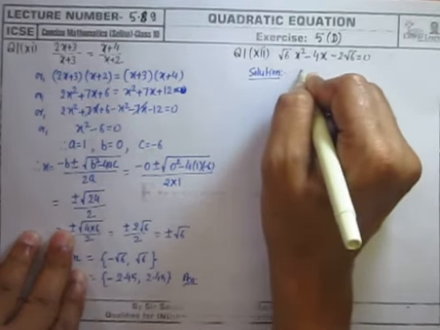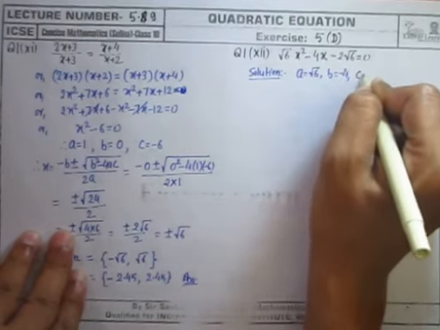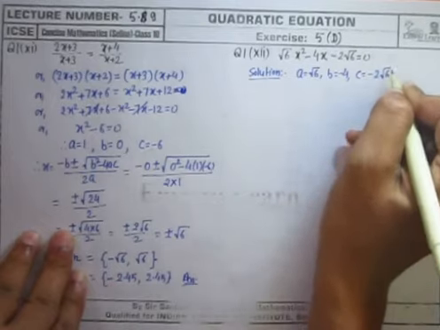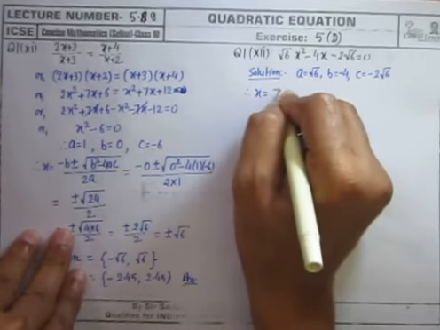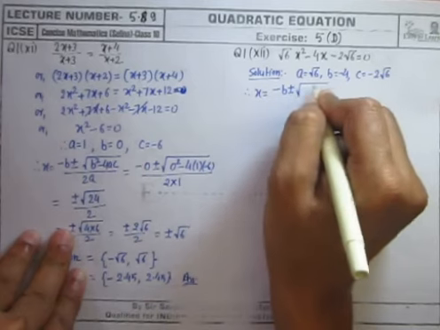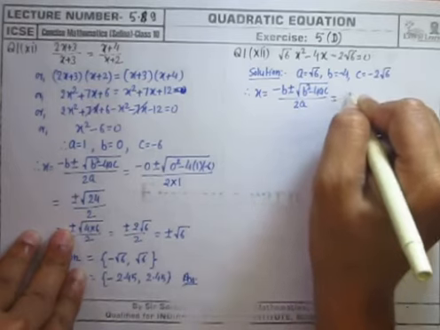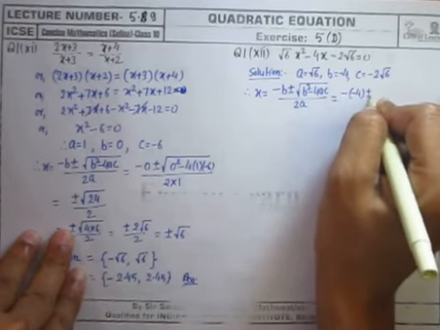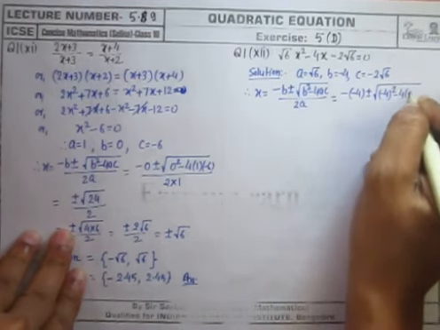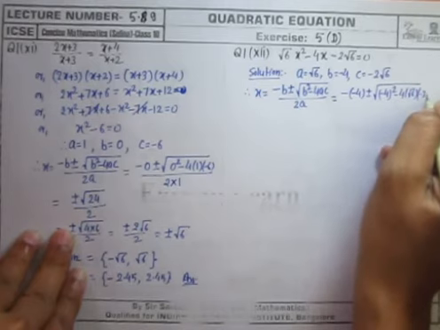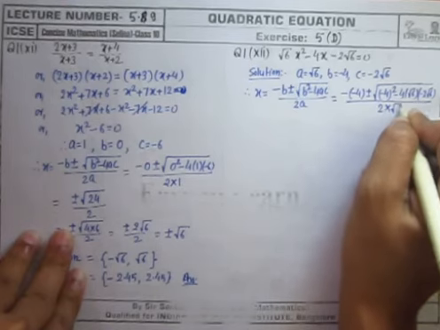So a is √6, b is -4 and c is -2√6, comparing this equation with the general equation. Now the formula for x is (-b ± √(b² - 4ac))/2a. So -b is 4, plus or minus root of (-4)² - 4 times √6 times -2√6, divided by 2 times √6.